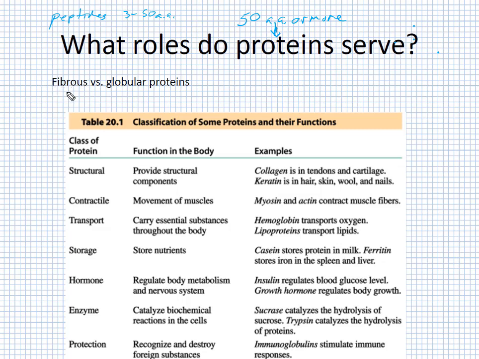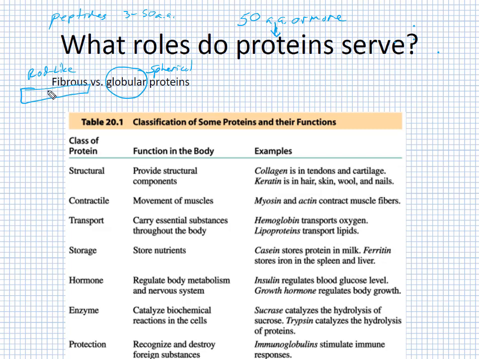It says here fibrous versus globular proteins. Fibrous, as the name suggests, are kind of rod-like. They form long rod-like proteins. Globular proteins, as the name suggests, are more spherical.